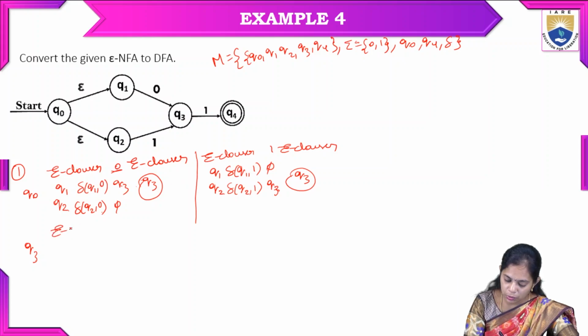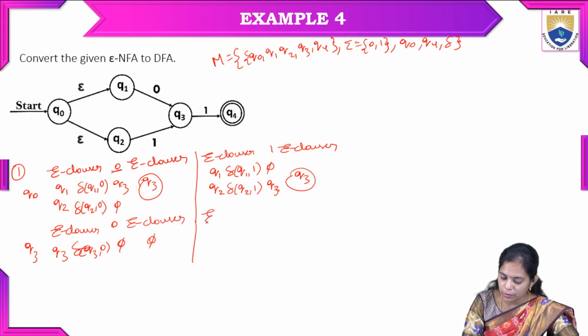We need to find the epsilon moves for this new state, and Q3 is having the value. So epsilon closure, and for the 0 input epsilon closure. For 0 input it is having Q2, Q3 only. Q3 epsilon closure is Q3, and transition of Q3 comma 0 is nothing, so phi only.